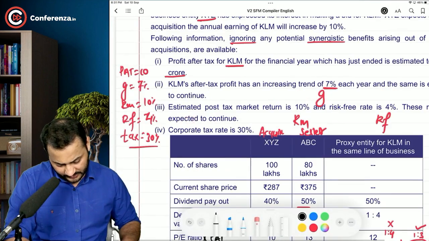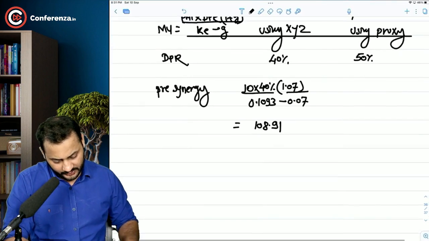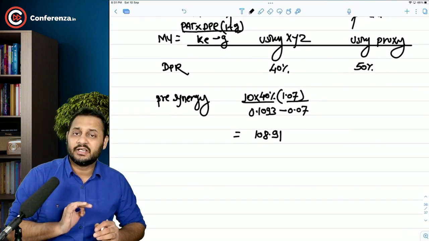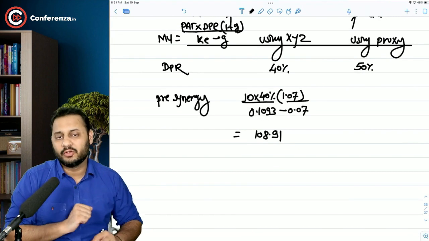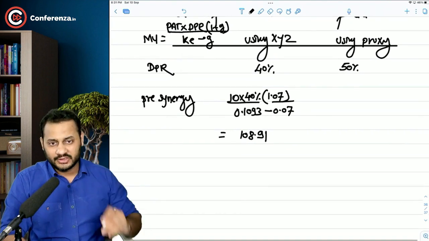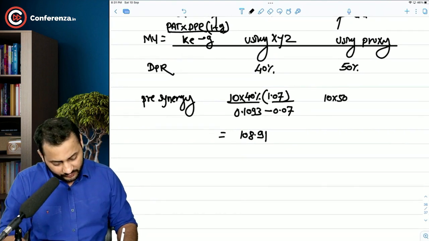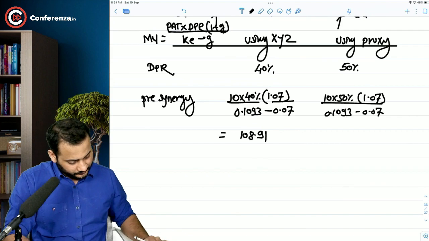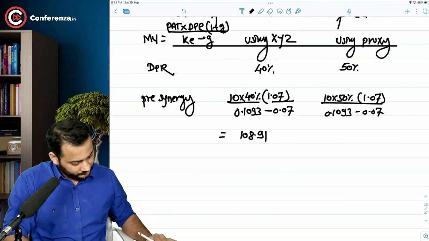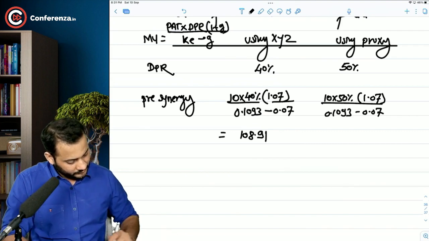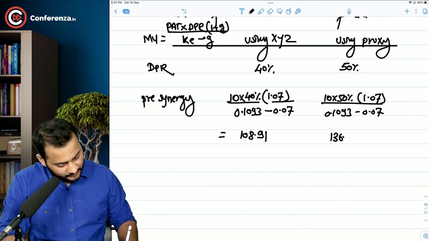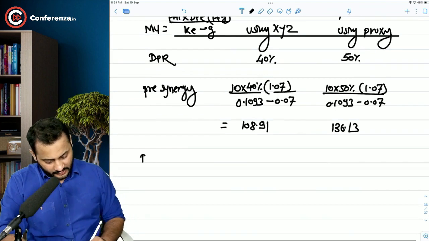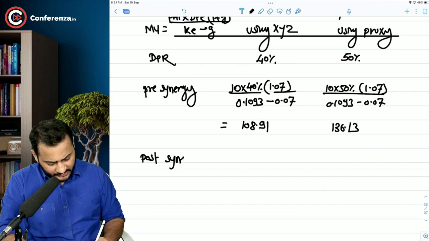Let me just check the growth rate, 7% or 6%. 7%. Okay, so this will be your pre-synergy market value using XYZ's dividend payout ratio. If we use the proxy's dividend payout ratio, it will be 10 into 50% into 1.07 divided by 0.1093 minus 0.07, that comes to 136.13.